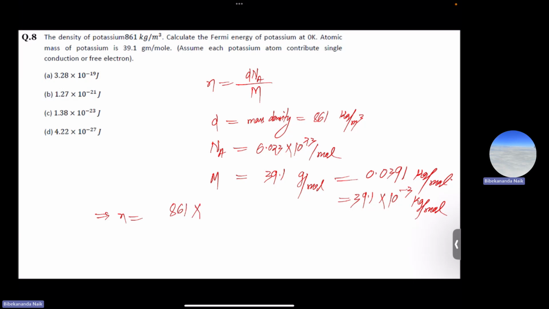861 into 6.023 into 10 to the power 23, divided by 39.1 into 10 to the power minus 3, which will give you, after calculating, 1.326 into 10 to the power 28.